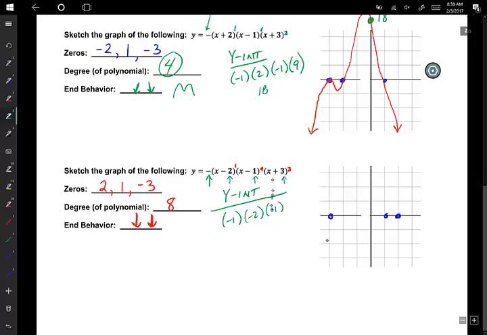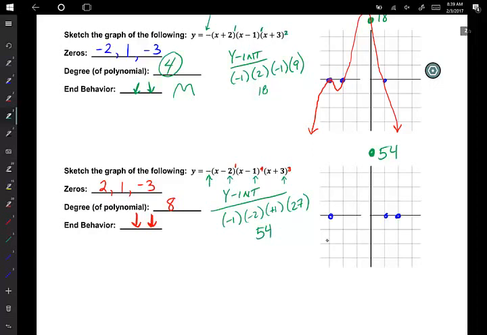Sorry, that doesn't give me a -1, that gives me a +1 because it's to the 4th. And 3 cubed gives me 27. So I have 2 times 27, or 54. We are way up there. The only reason I put that on is to give us an idea of how far up it's really going, instead of just doing a little bump.